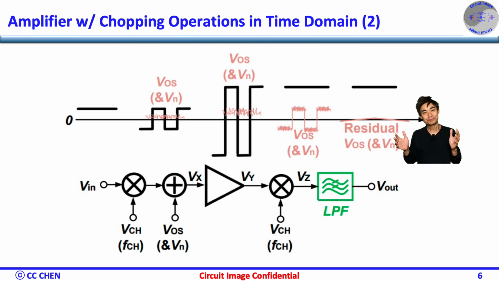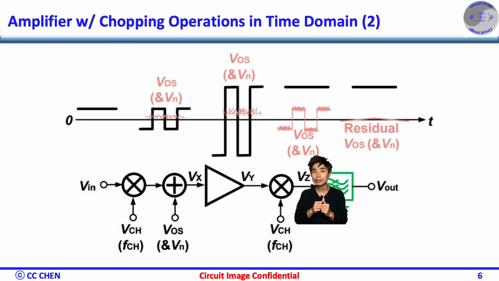at the same time. Again, the beauty comes from the fact that the input DC signal goes through the chopper twice and gets back to the original DC. But the output offset of the amplifier goes through the chopper only once to convert into a square wave.